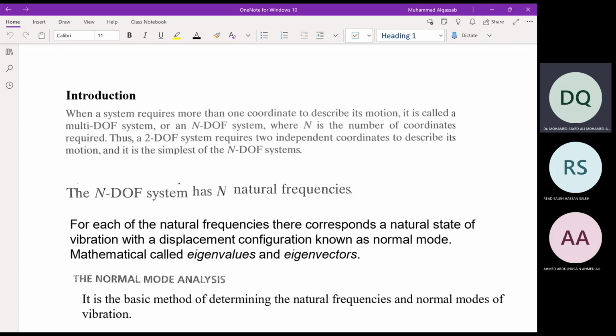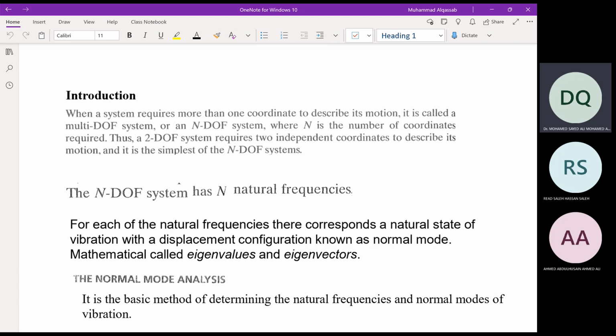And as we defined, degrees of freedom is the number of independent coordinates. This chapter will involve 2 parts, free vibration and forced vibration. Forced vibration can be harmonic excitation, or it can also be transient vibration.